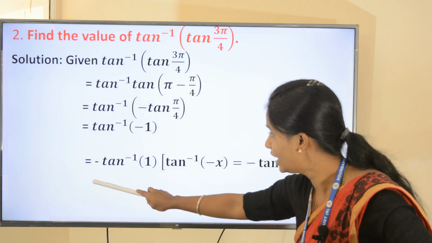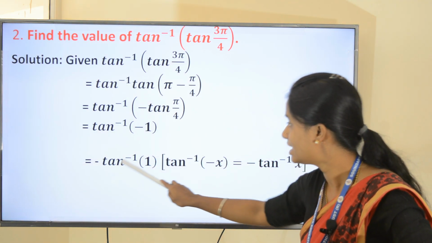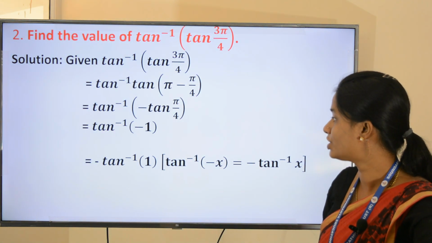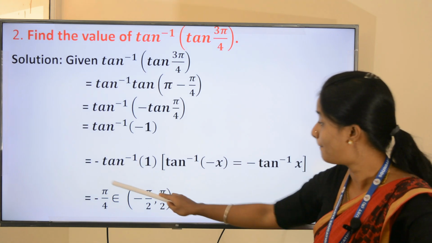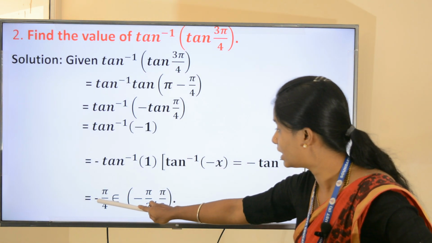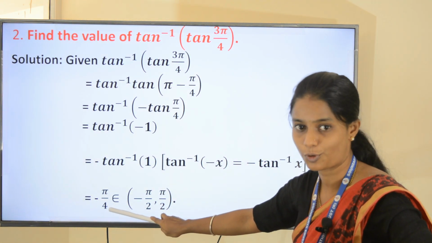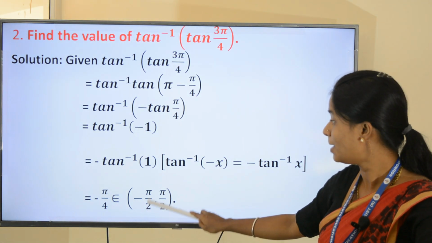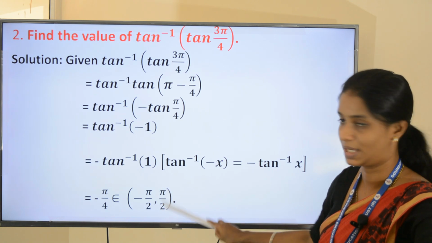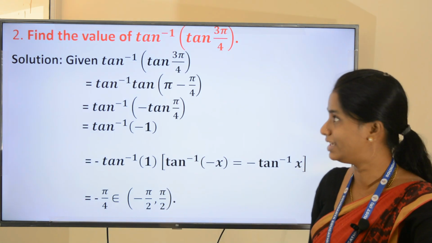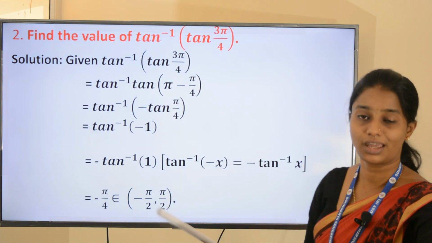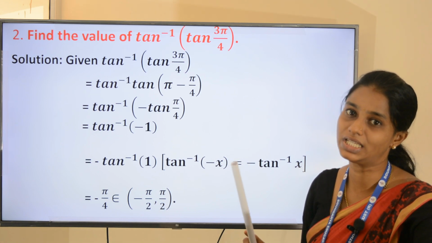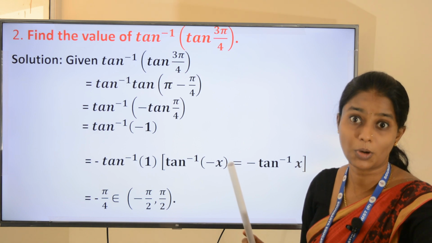So I'll write equal to minus as it is, and tan inverse of 1 can be replaced with pi by 4. So clearly minus pi by 4, minus 45 degree, belongs to the open interval minus pi by 2 comma pi by 2. Please observe in this problem, initially I cannot write 3 pi by 4, which does not belong to the open interval minus pi by 2 comma pi by 2.